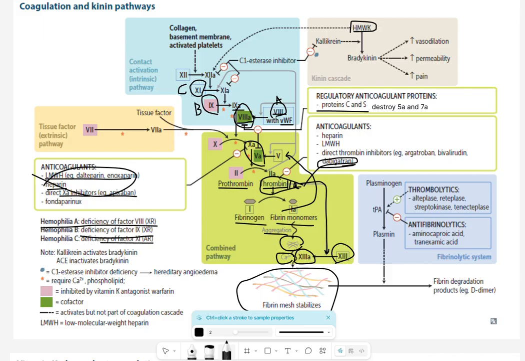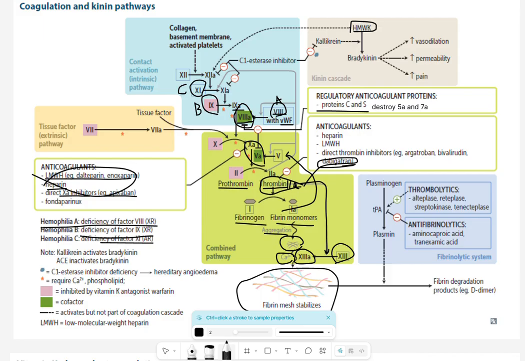This high molecular weight kininogen is one of those coagulation, complement, kinin system proteins that shows up in a lot of places, right? So the kinin system produces bradykinin, which leads to vasodilation, increased vascular permeability and pain, right? But where does this HMWK, high molecular weight kininogen, come from?